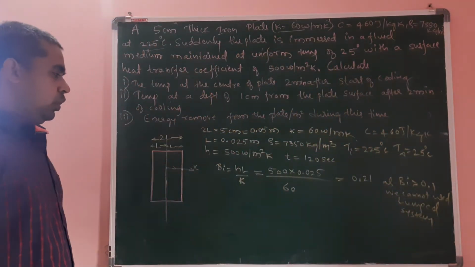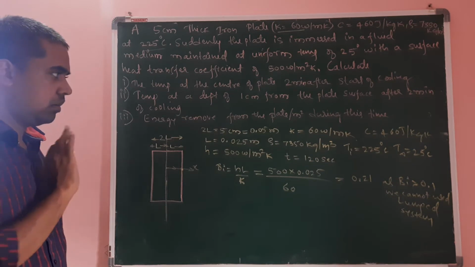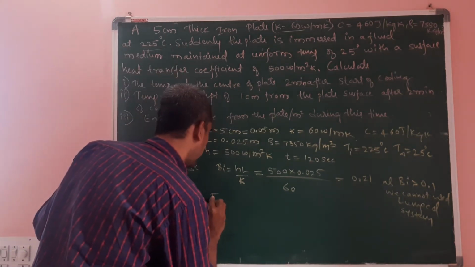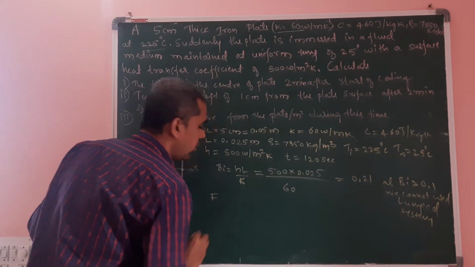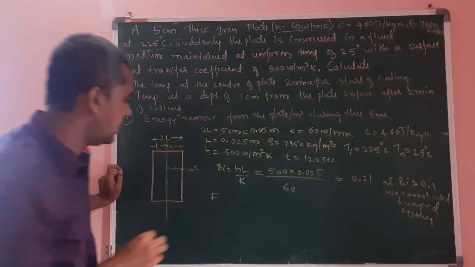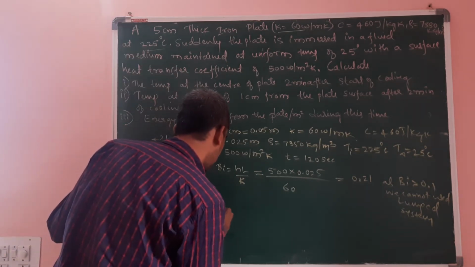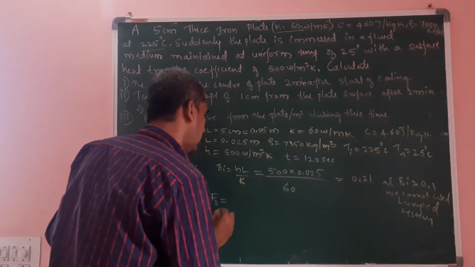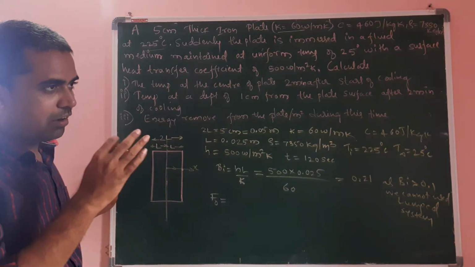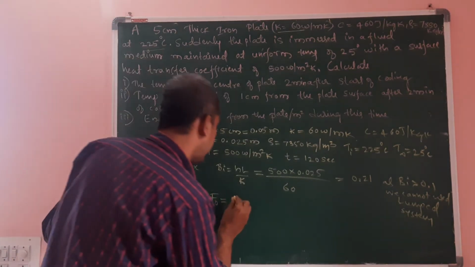Now, to use Heisler charts, we need to calculate the Fourier number also. I will call it Fo. Fourier number is calculated by alpha t divided by L square.